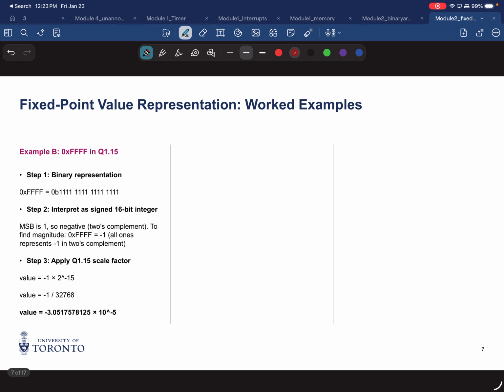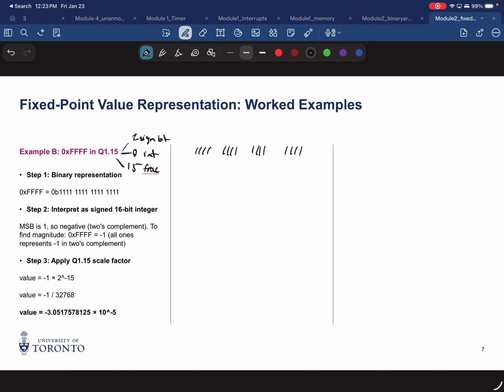So now, let's move on to this one. We have 0x FFFF, the four F's, in Q1.15, okay? So again, we have 1, 1, 1, 1. Let's look at this together. It's Q1.15. We have 1 sign bit, 0 integer bits, 15 fractional bits.